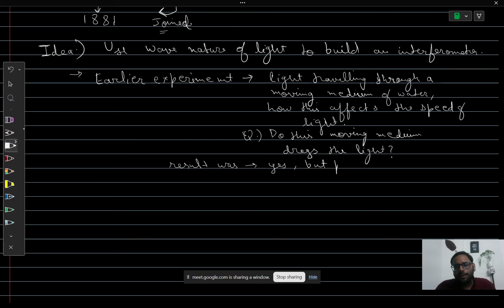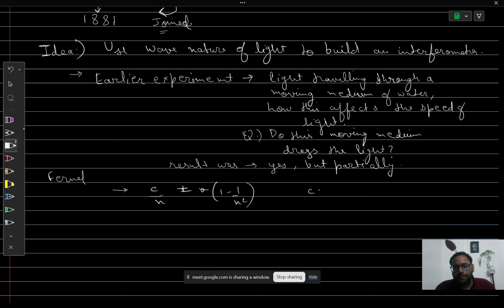It drags partially, and the speed would be like this: c/n plus or minus v(1 - 1/n²).